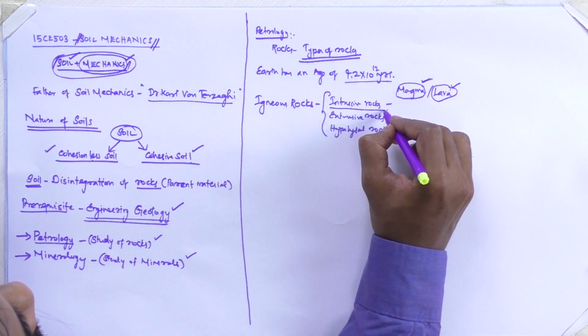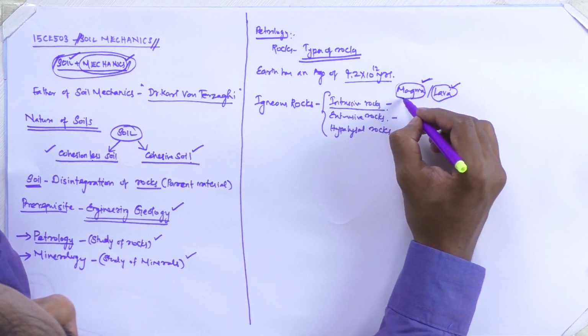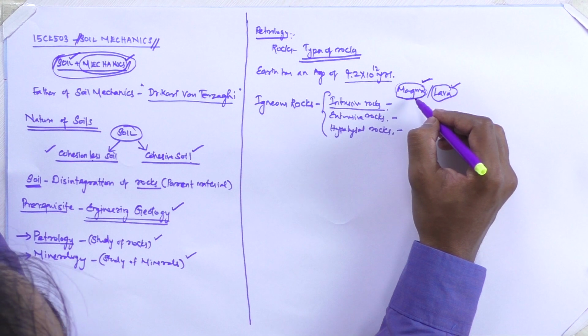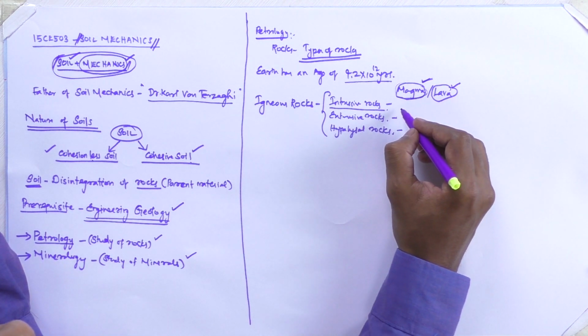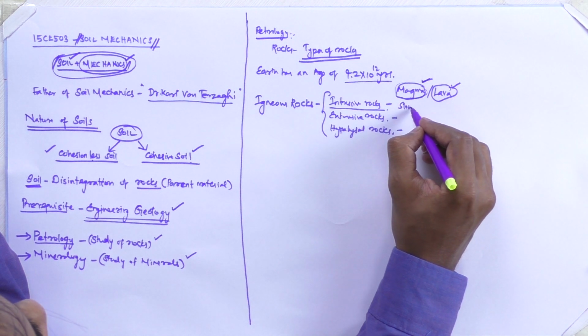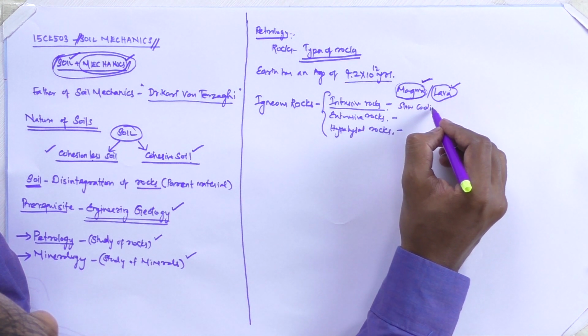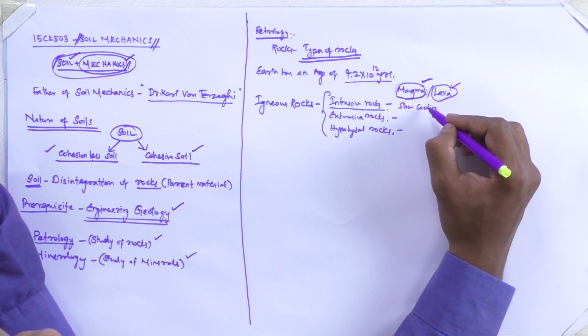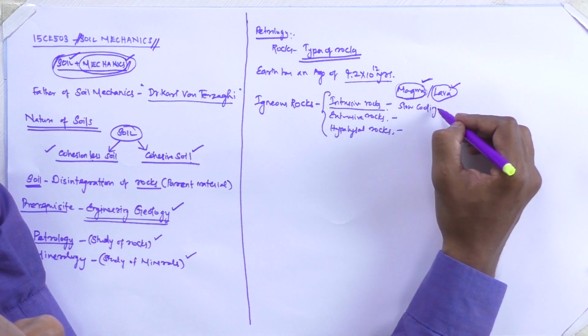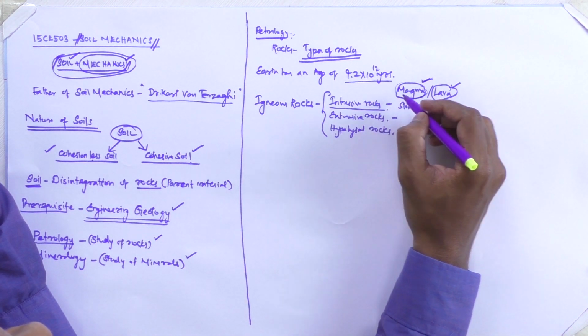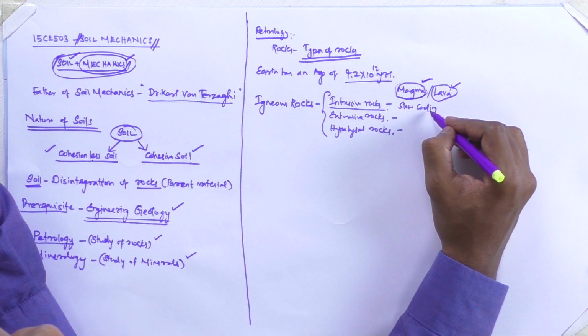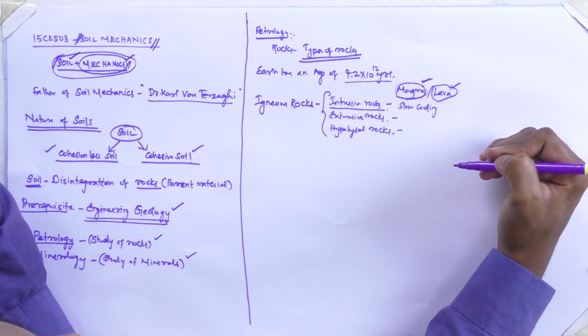In intrusive rocks, the molten magma at a deeper level, say more than 10 meters, is subjected to cooling processes. The rocks produced are known as intrusive rocks. It is a slow cooling process because it is at a deeper level.